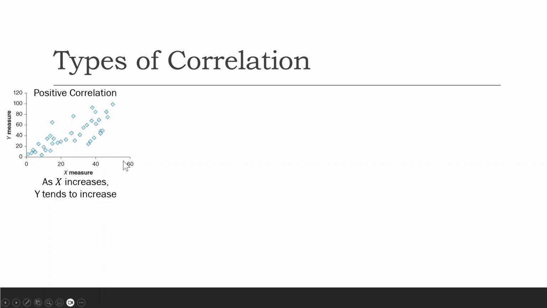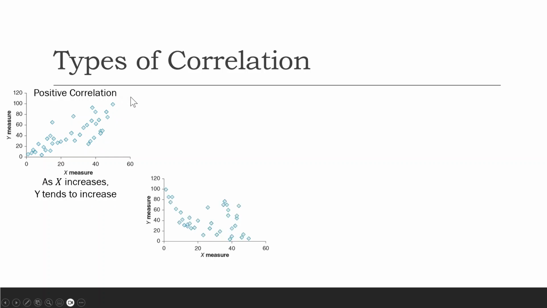We want to see what the y values are generally doing, and our y values are referencing this vertical axis. If you look, our y values from left to right are tending to go upward, and so we say y tends to increase. Anytime this happens, we call this a positive correlation.